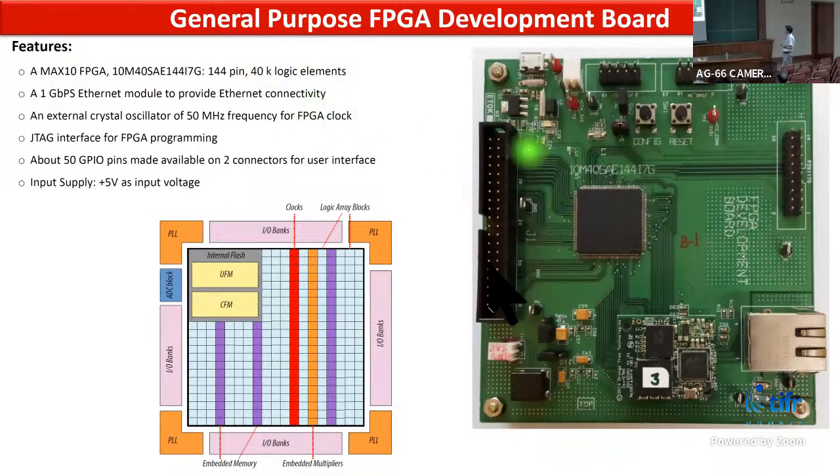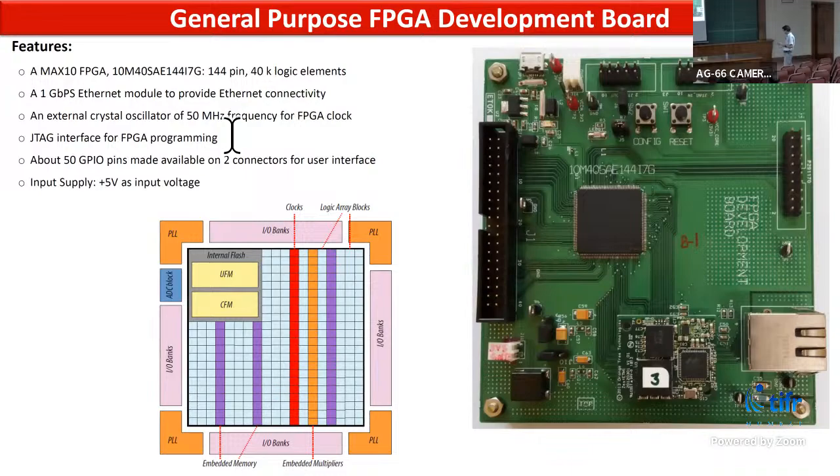On this board, a 1 Gbps Ethernet module was also used to provide Ethernet connectivity. One thing about this FPGA compared to others in this series is that other FPGAs need an external flash memory to store the firmware configuration, but this FPGA has internal flash memory where we can store it.